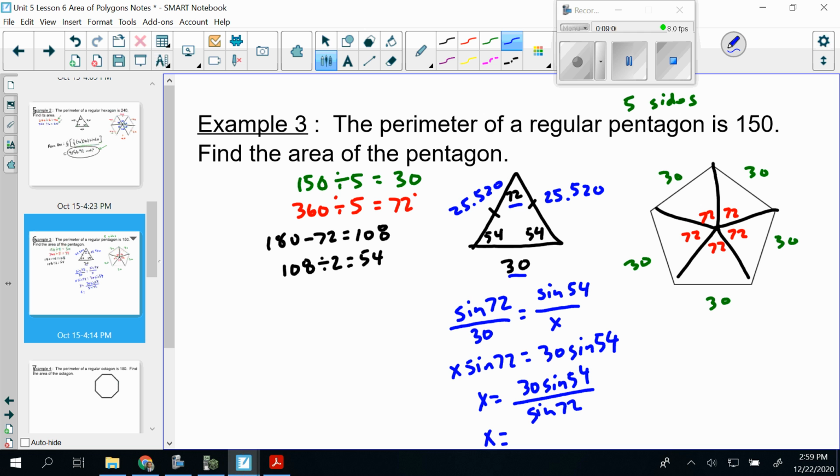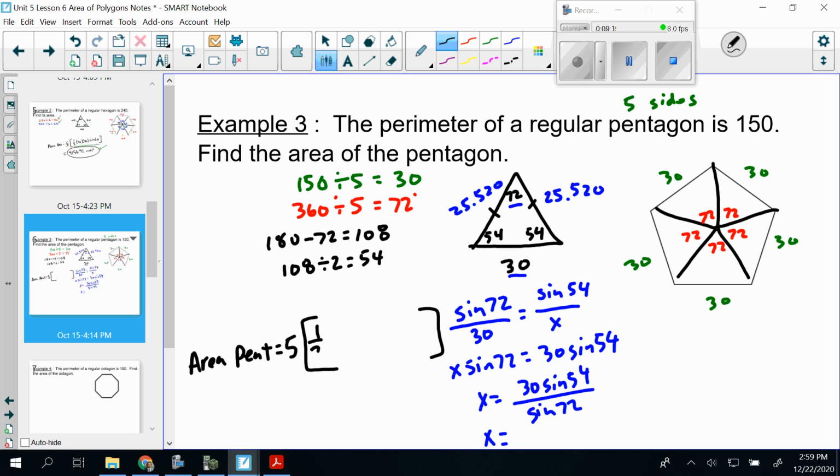Okay, so now to get the area, we can do that by using our trig area formula. And on this one, if we're going to get the area of this pentagon, we're going to have 5 times the area of one of those triangles.